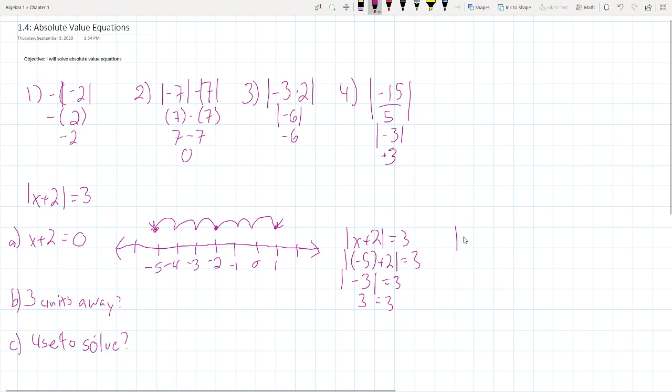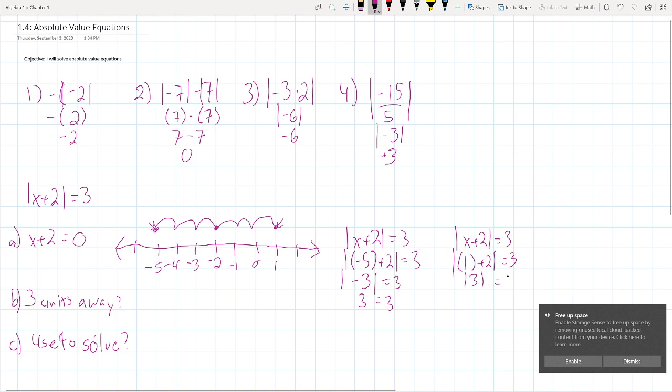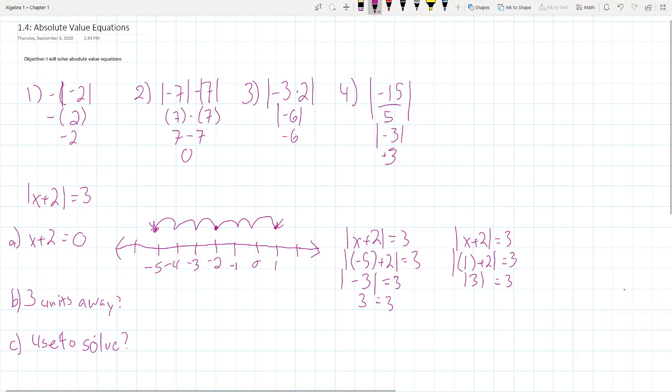If we try it with the other number, x plus 2 equals 3, if instead of x I put 1, 1 plus 2 is 3, and the absolute value of 3 is 3, and so that checks out.